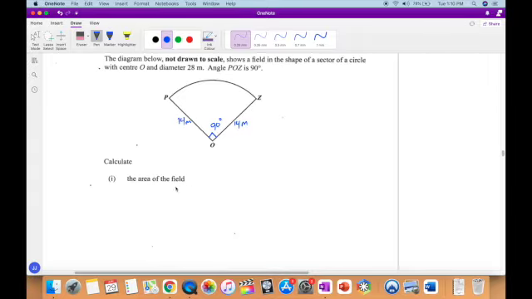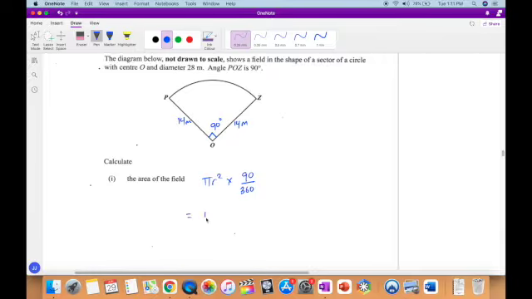Well, the area of the field will be the area of the full circle, so that's pi r squared, multiplied by the fraction of the angle that we have. The fraction of the circle we're dealing with is 90 over a full 360.